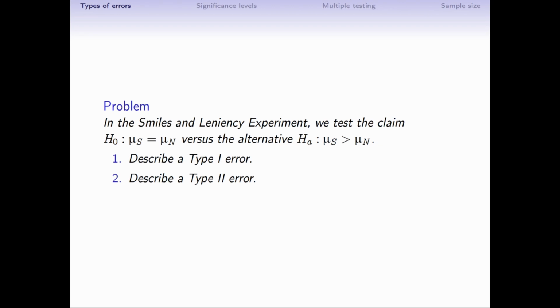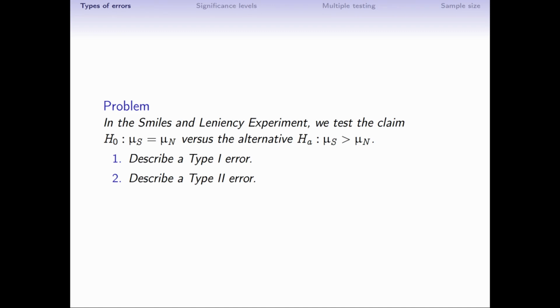All right? Now, what we want to do is describe in this situation a type 1 error and a type 2 error. So, in a type 1 error, the null hypothesis is true, but we reject it. Thus, we're saying that the reality is there is no difference between the mean leniency scores, right?